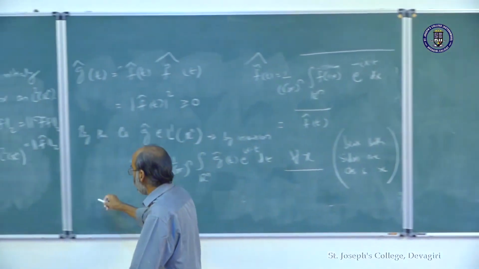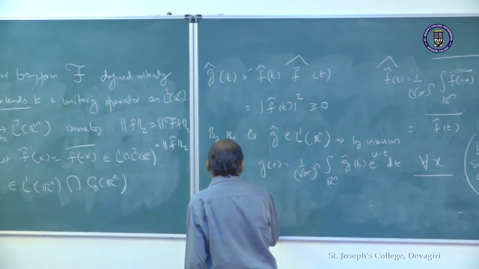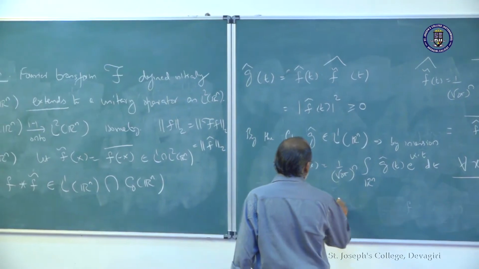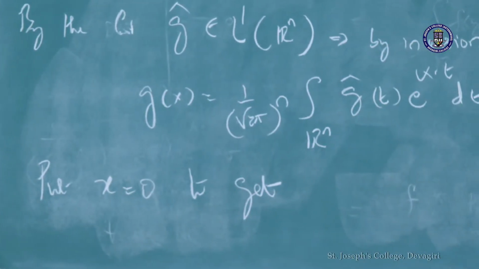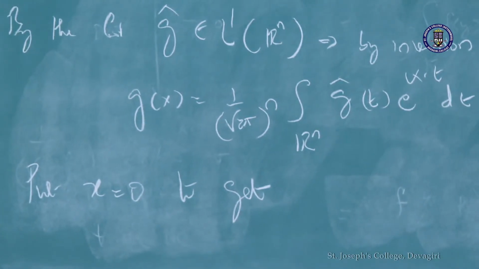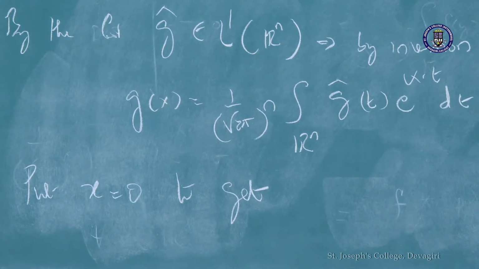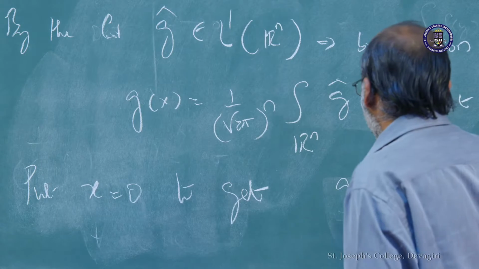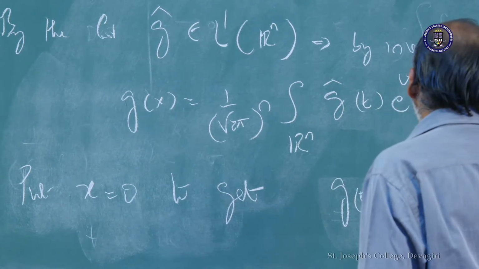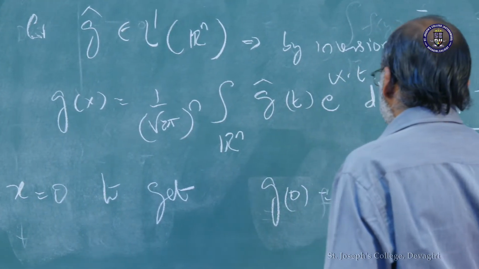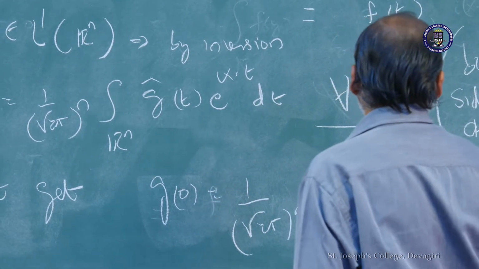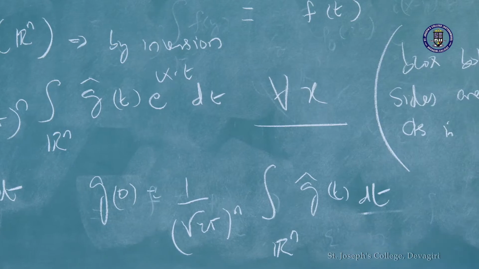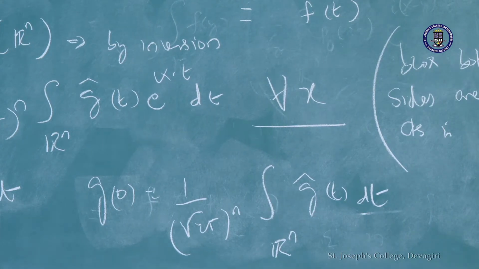Put x equal to 0. Well, what will you get? g of 0 equals 1 by root 2 pi to the n integral over Rn g hat t dt, since e to the i x dot t becomes 1.